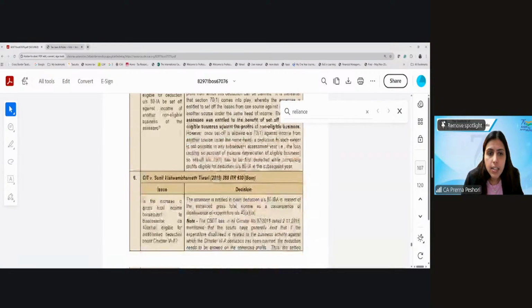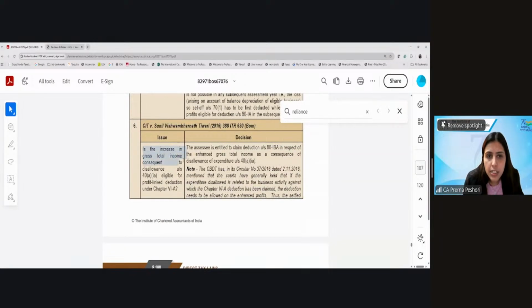Next is the increase in GTI consequent to disallowance under 40A1A, eligible for profit linked deduction? Now let us understand this.